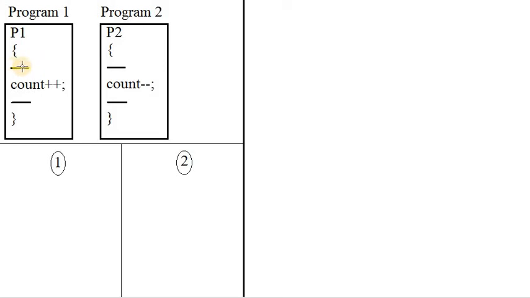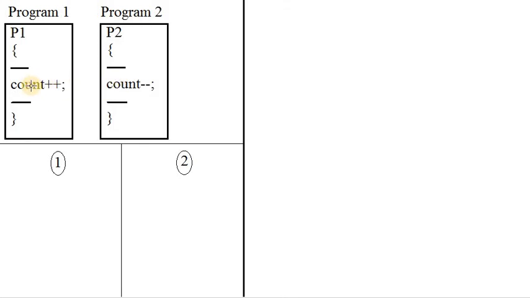Because those dashed lines indicate other instructions which are not similar to the other program's instructions. But count plus plus and count minus minus are the only instructions sharing the common variable called count. That is why I am concentrating on the common data here.